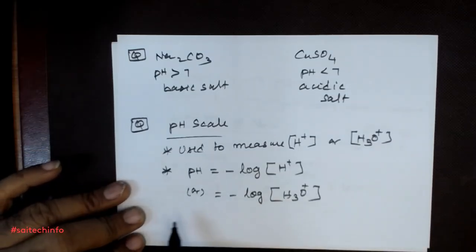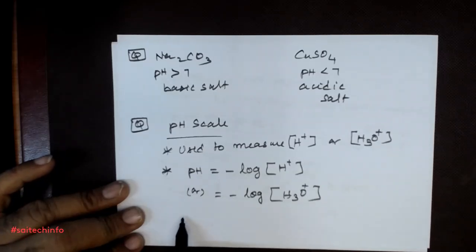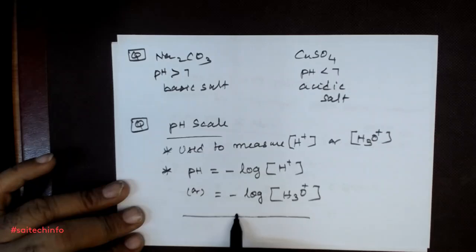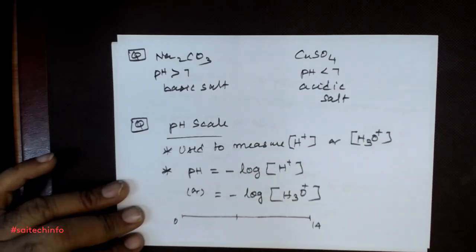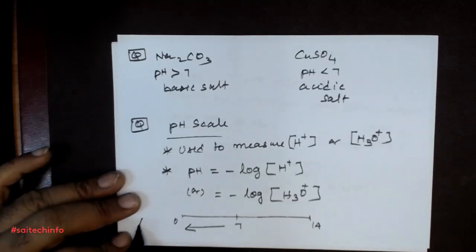Let us draw the pH scale. Let me consider this is the pH scale with 0 as the starting and 14 as the higher pH. So this is the neutral. Towards left, acidic nature increases.